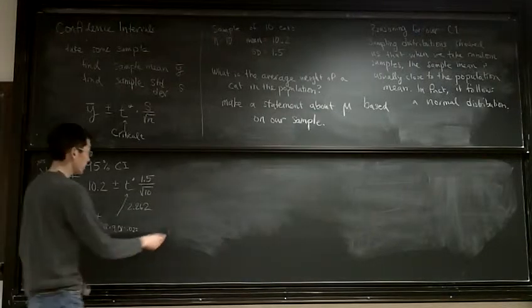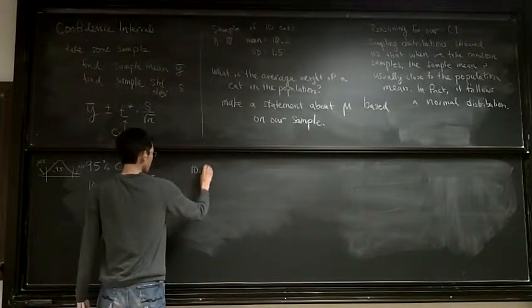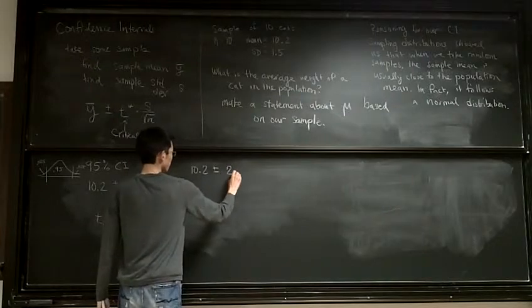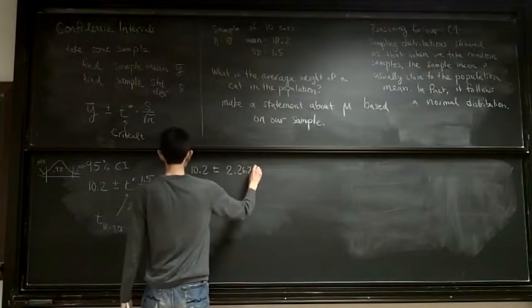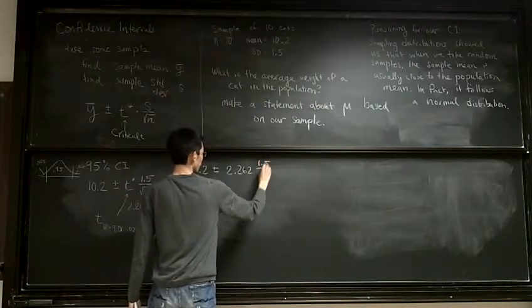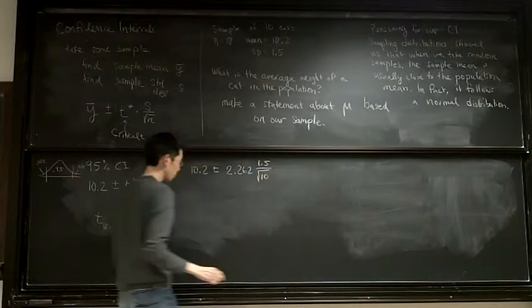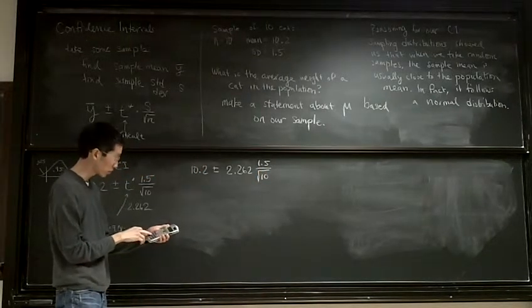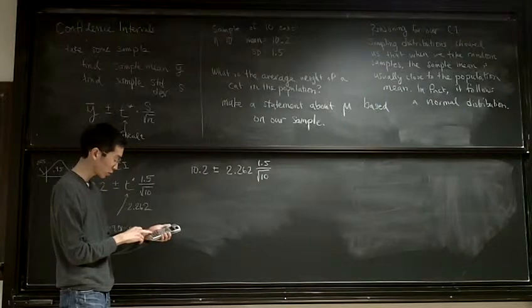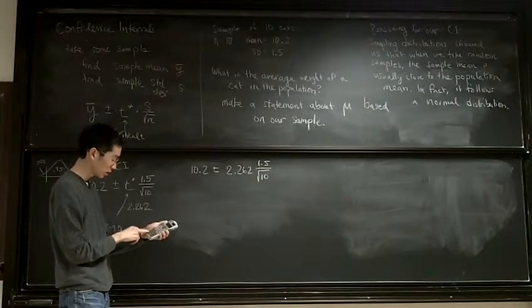So now I have a confidence interval: 10.2 plus or minus 2.262 times 1.5 over the square root of 10. What does this give me? 2.262 times 1.5 divided by the square root of 10 is about 1.07.